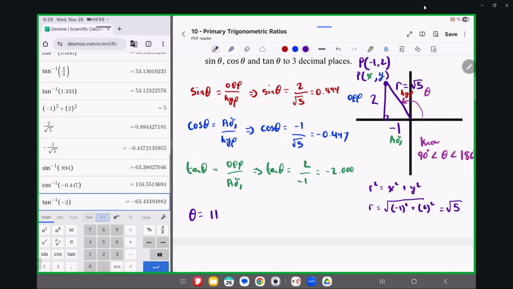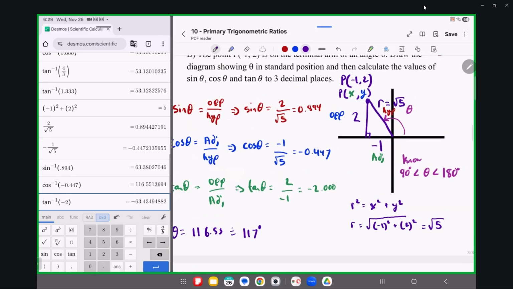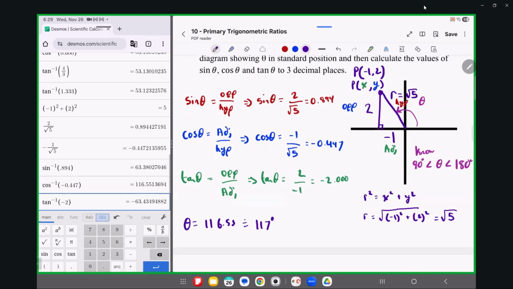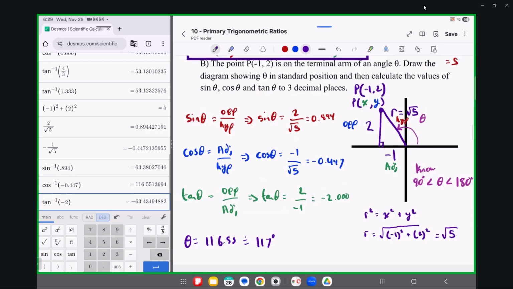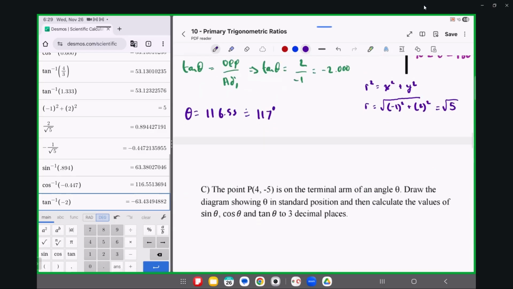So I'll write that theta is equal to 116.55, which is equal to about 117 degrees. So we know that that's going to be the case, because we know theta has to be in quadrant 2, and this is the only one. But again, we're going to study all these components later. For now, I just want to be able to write down the ratios, and then we're going to talk about how to interpret them in a bit.